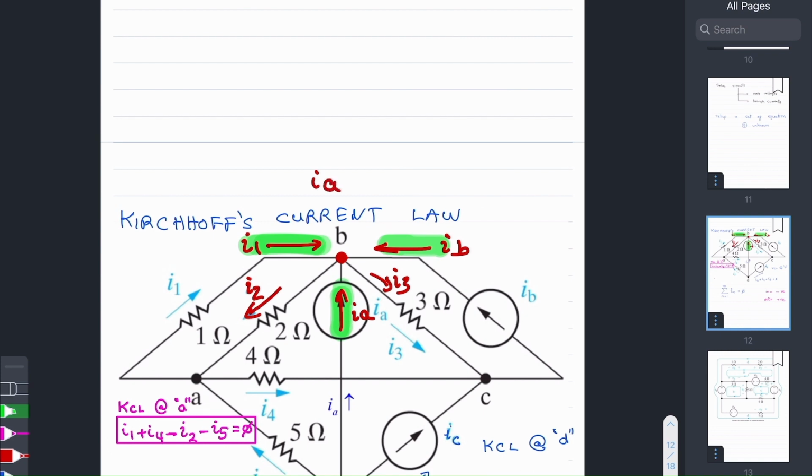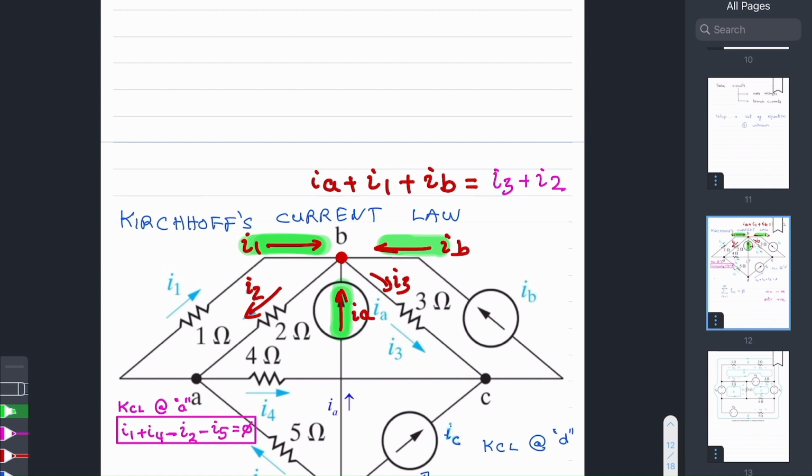IA plus I1 plus IB. Now equate that to all the currents that are leaving. I3 is leaving and I2 is leaving as well.